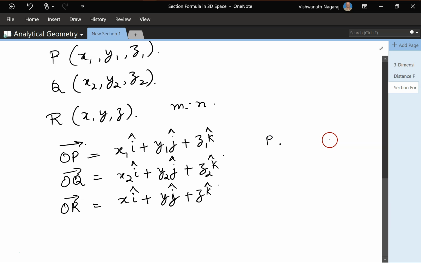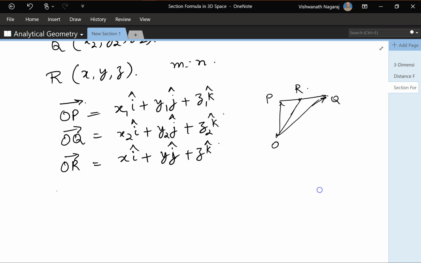Now let's look at it from a diagram point of view. We have P, we have Q, right? This is, let's say, O. So this is one vector, this is another vector, this is the resultant vector, and this is the point R. And R's position vector would be this.